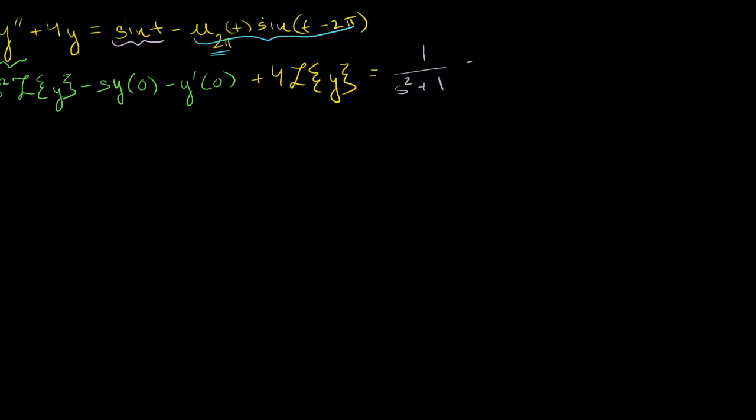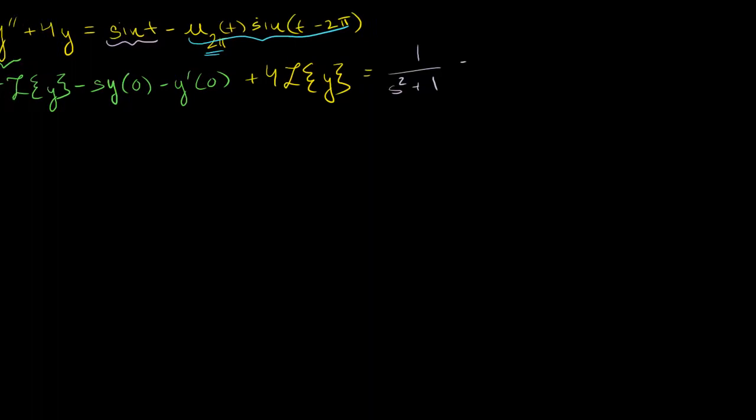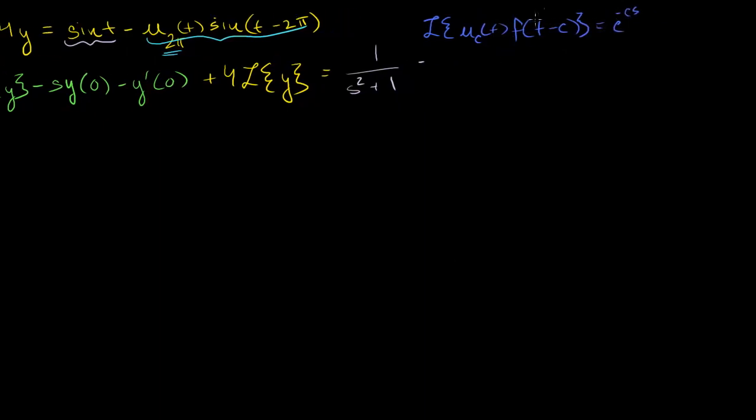So the Laplace transform of the unit step function that goes up to c times some function shifted by c is equal to e to the minus cs times the Laplace transform of just the original function, the Laplace transform of f of t.